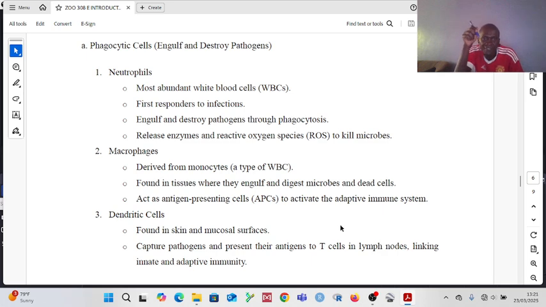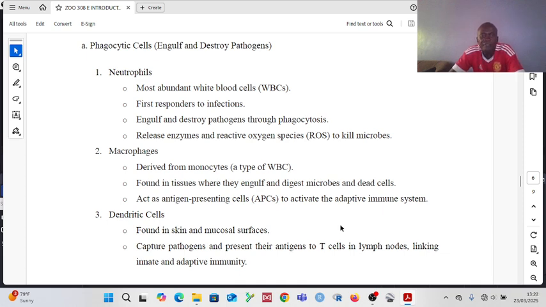Wherever there is an infection, the first type of white blood cells to get there are always the neutrophils. What the neutrophils do is they engulf and destroy pathogens through phagocytosis. They also release enzymes and other reactive oxygen species, which lead to the killing of the microorganism that has infected the body.